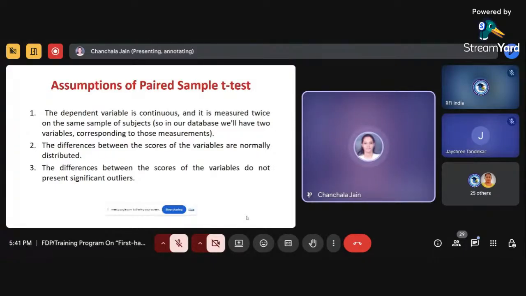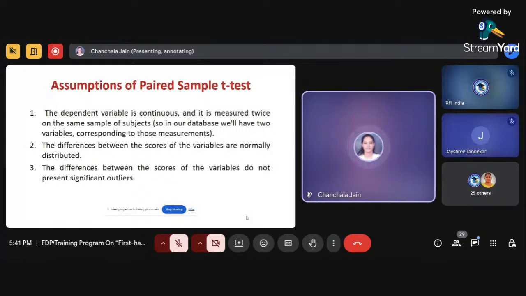As for a person, we are collecting the score twice. So we will calculate the difference on the score of that person, and then we need to check whether the differences which we are calculating are normally distributed or not, right? So this is the second assumption of the paired samples t-test.